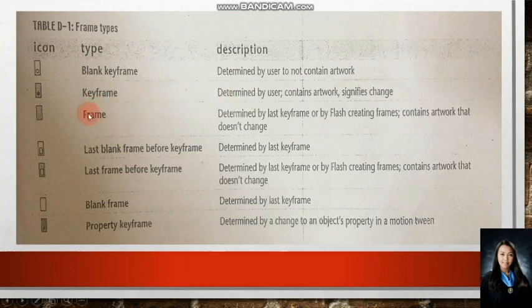Next, frames: an empty frame, or no circle inside the square, determined by the last keyframe or by Flash creating frames, contains artwork that doesn't change. Next, last blank frame before keyframe.